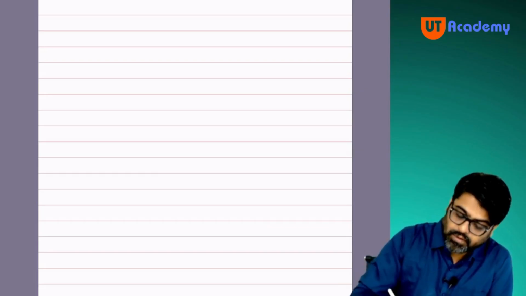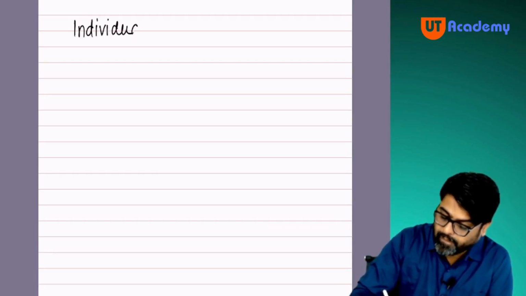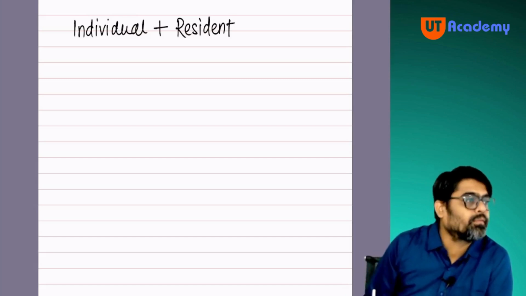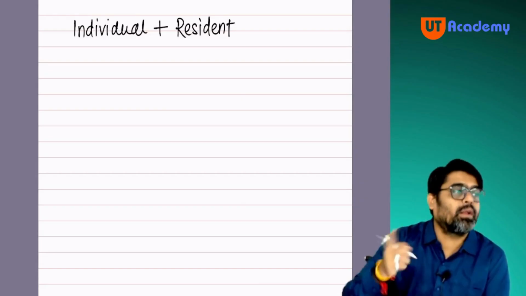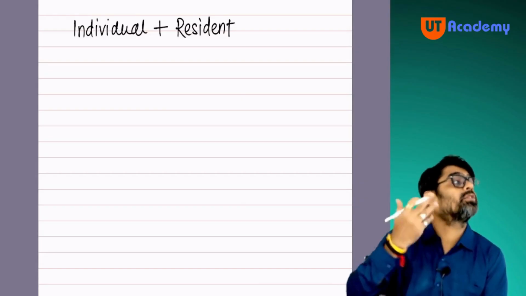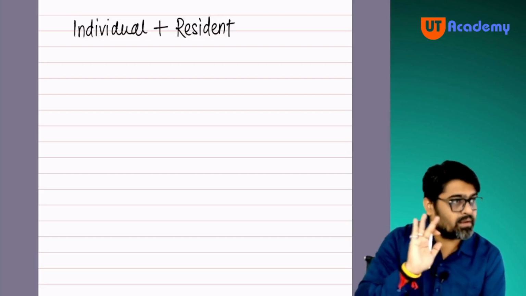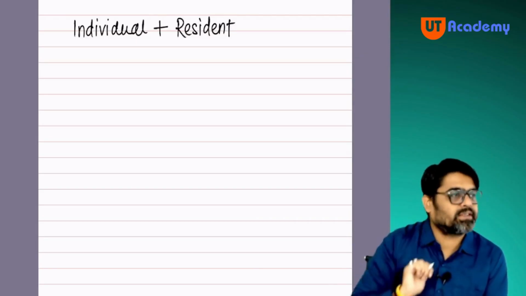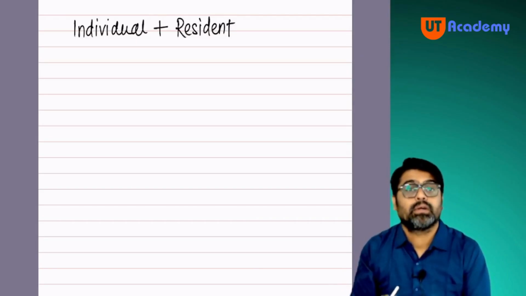If you are an individual and your residential status is resident. See, in the next chapter we'll learn when any assessee can be treated as resident or non-resident. But I determine the residential status of this individual, and I came to know that this individual is resident.